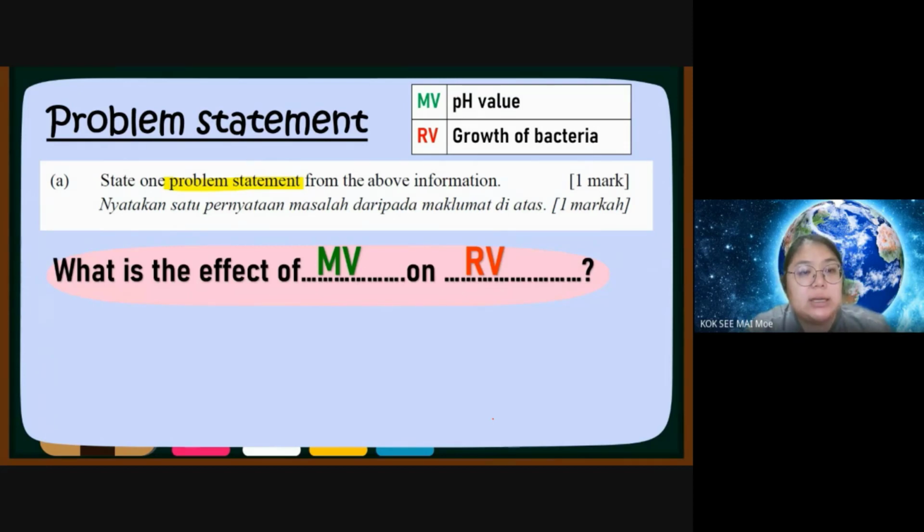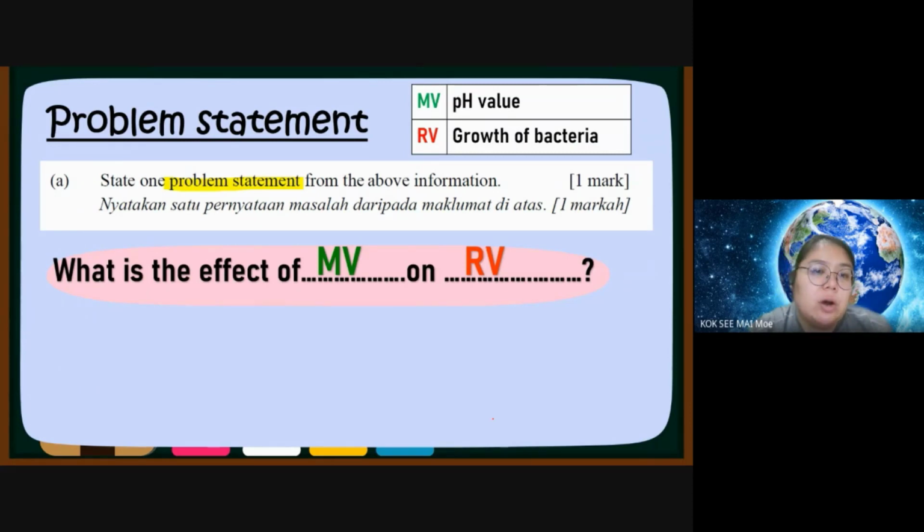So this is how to create a problem statement. Remember the words: what is the effect of, then you put MV, then on, then you put RV. So important, you need to know what is the MV and what is the RV first. So now you can create the sentence like this.